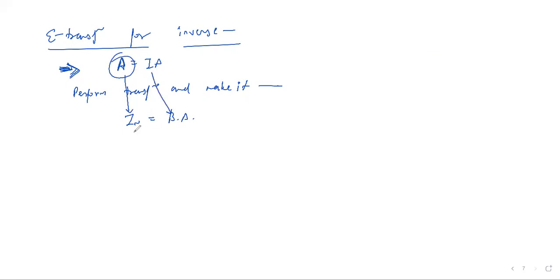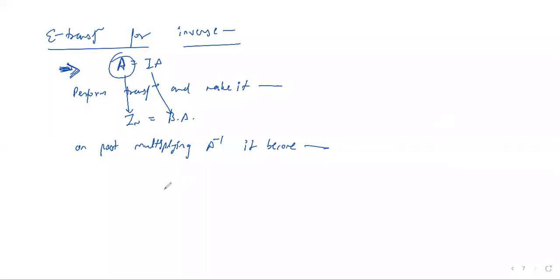Now on post multiplying by A inverse in this, we will get A inverse, identity into A inverse, because we are post multiplying here, and it will be B into A inverse.